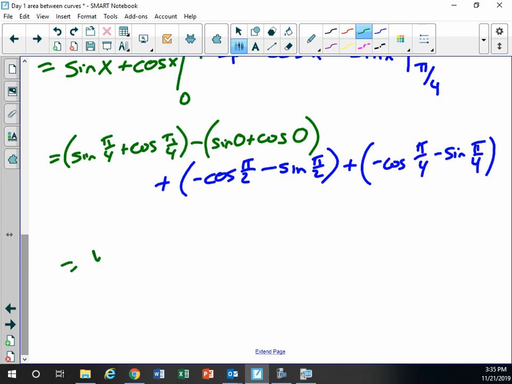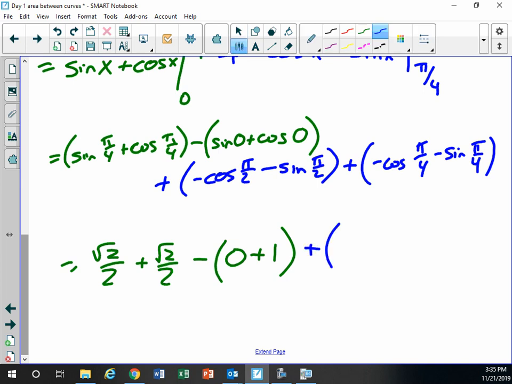Sine of pi over 4 is square root 2 over 2. The cosine of pi over 4 is square root 2 over 2. Minus the sine of 0 is 0. The cosine of 0 is 1. The cosine of pi over 2 is 0. The sine of pi over 2 is 1. The cosine of pi over 4 is root 2 over 2.